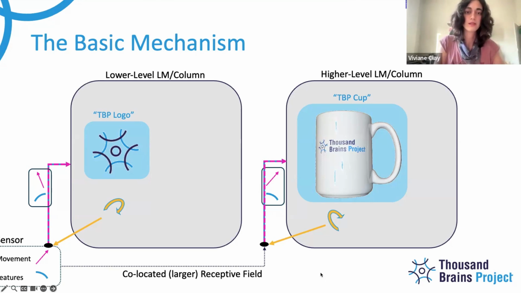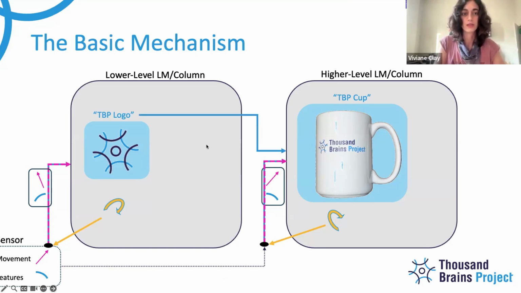But since it's a higher level column, it also gets input from the lower level learning module or column. That input is basically the pooled object ID. It doesn't get any information about the structural graph, point cloud, or model that was learned. It just gets the object ID.